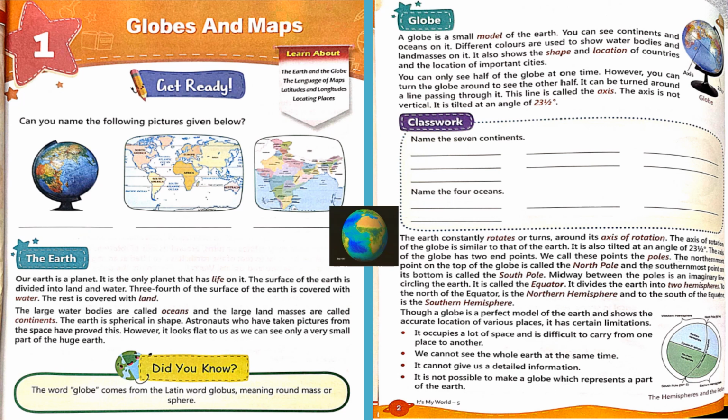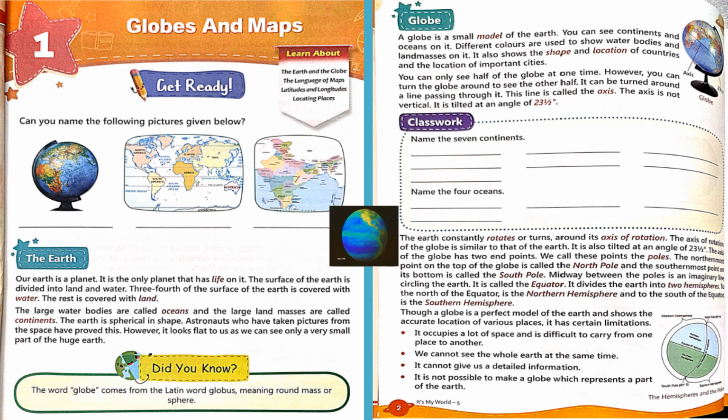Yes, children. Next topic, globe. The word globe comes from the Latin word globus, meaning round, mass or sphere. A globe is a small model of the earth. You can see continents and oceans on it.